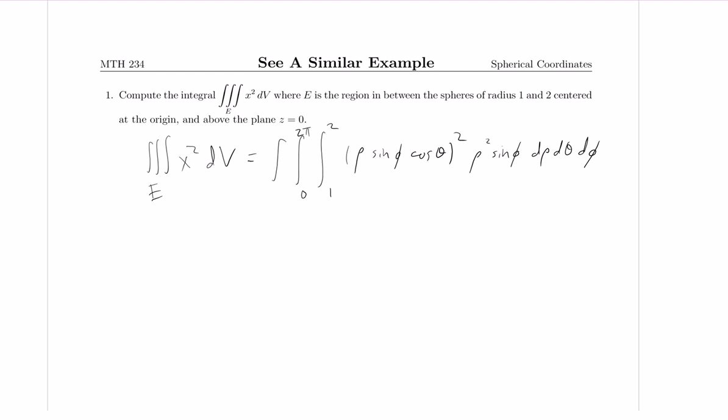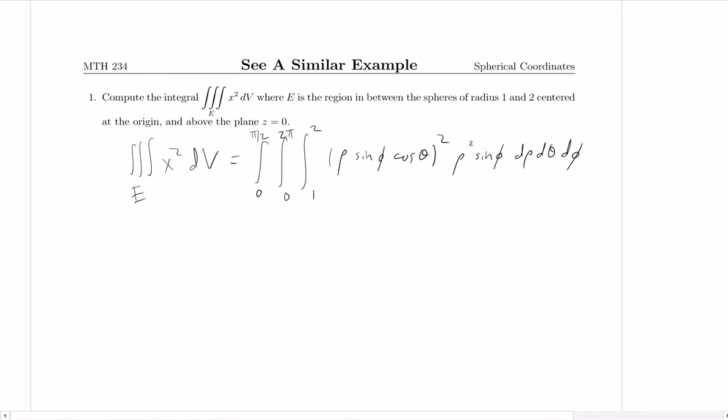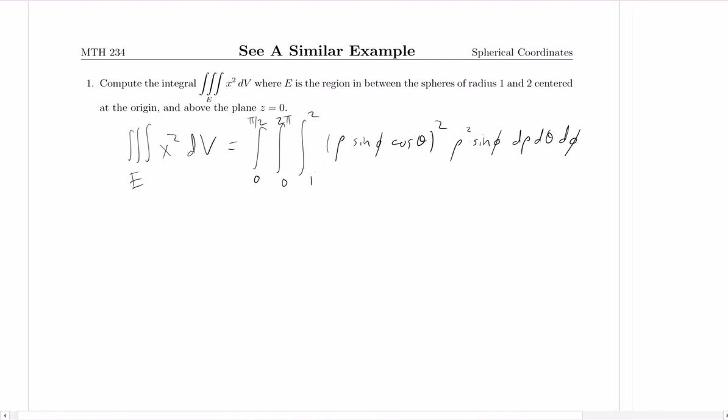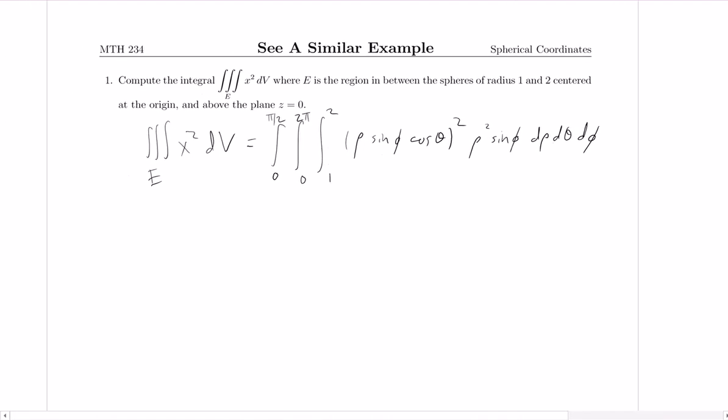It's above the plane z equals 0, so we don't want phi to go all the way from 0 to pi. We only want to go halfway, so phi only goes from 0 to pi over 2. Remember that phi equals pi over 2 is exactly a 90-degree angle, so that's the xy plane.